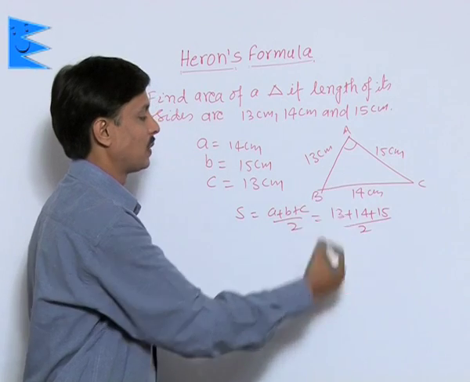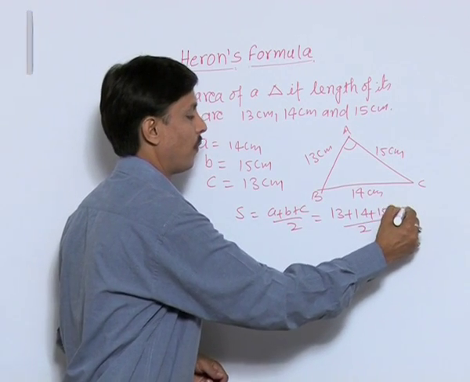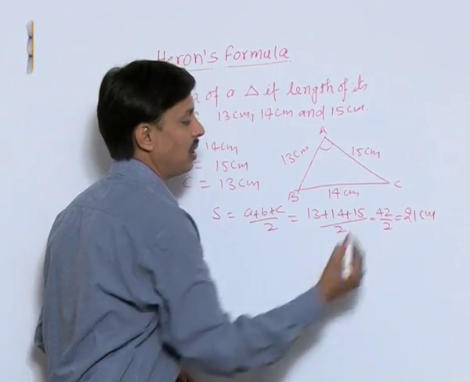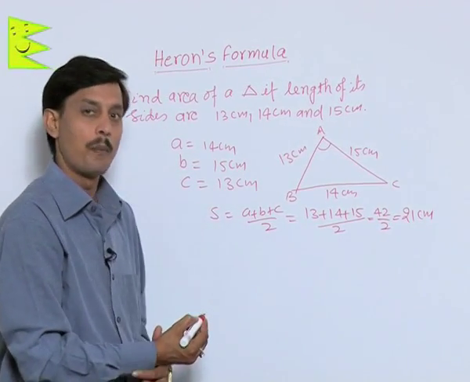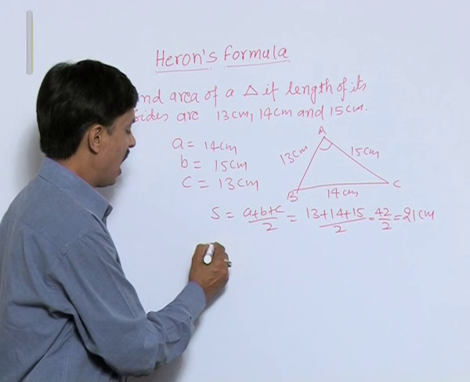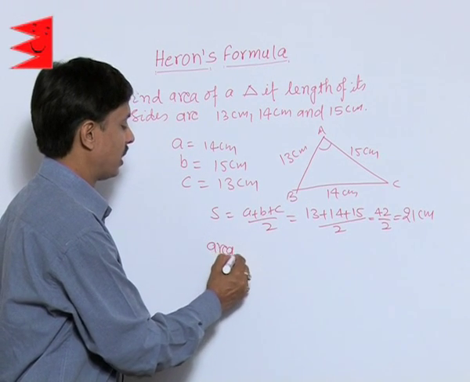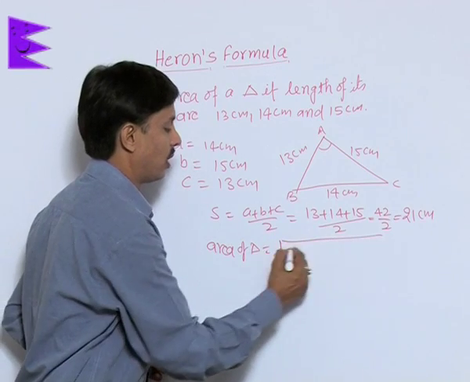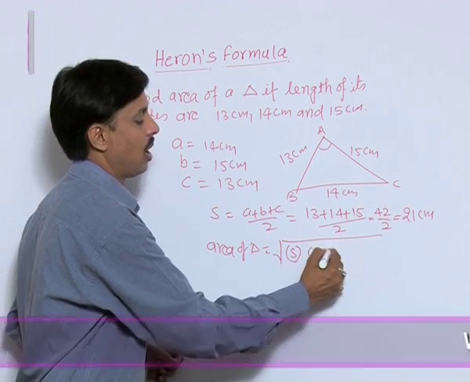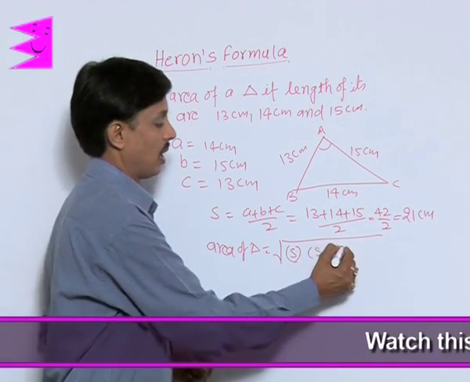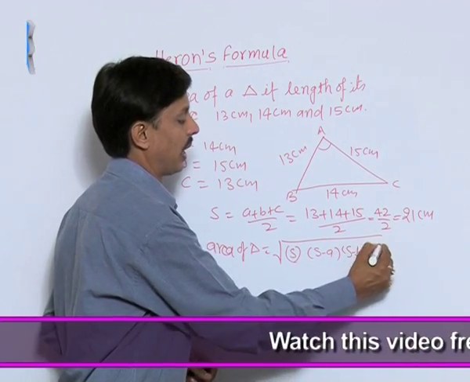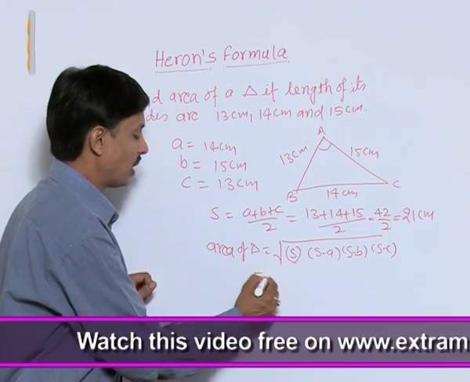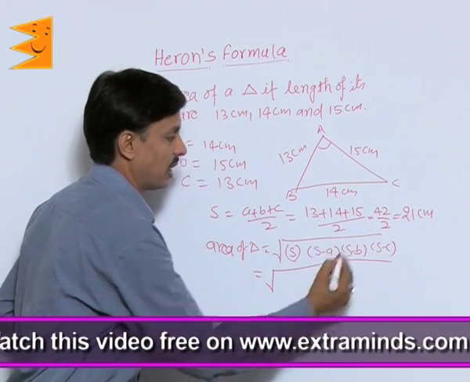This becomes 42 upon 2, that is 21 centimeter, the semi-perimeter. Area of the triangle is given by Heron's formula as root of s into s minus a, s minus b and s minus c. All the things are very clear with us.